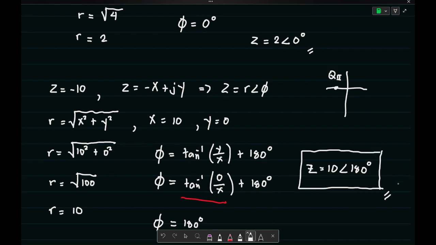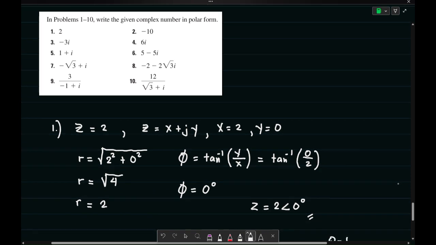Okay, let's have number 3. Number 3 is negative 3i. So we have z is equal to negative 3i, or let us make the imaginary unit j, so we have negative j3. That form is z is equal to x minus jy.